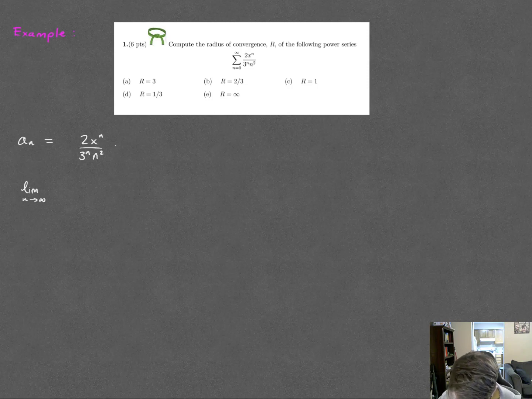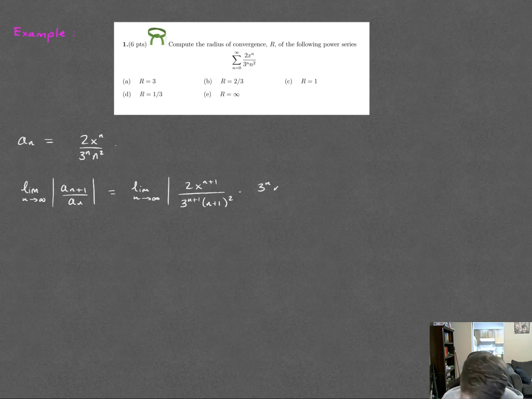The limit as n goes to infinity of an plus 1 over an equals the limit as n goes to infinity of 2 x to the n plus 1 divided by 3 to the n plus 1 times n plus 1 squared, multiplied by, so you would divide by an, but we're just going to multiply by the reciprocal of an. And now we have all these cancellations. So our x to the n is going to get rid of n of the powers on the top. The 2's are going to get rid of each other. The 3 to the n is going to kill the 3 to the n in the denominator.